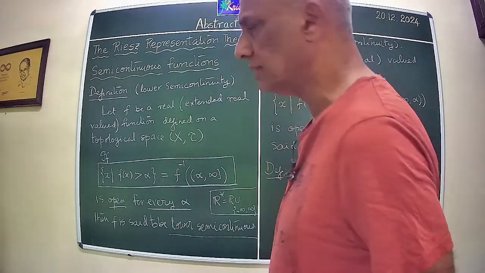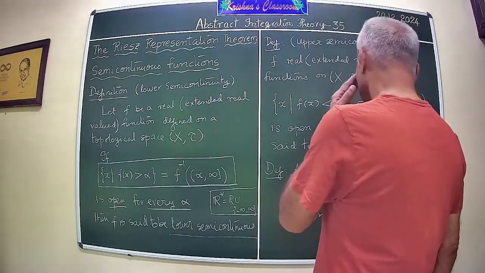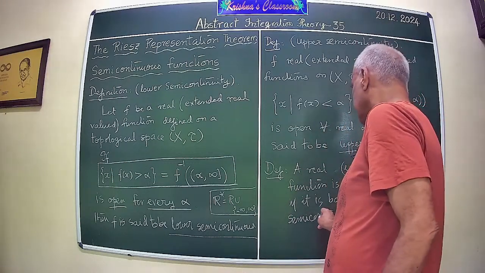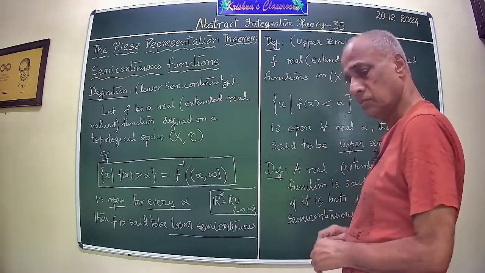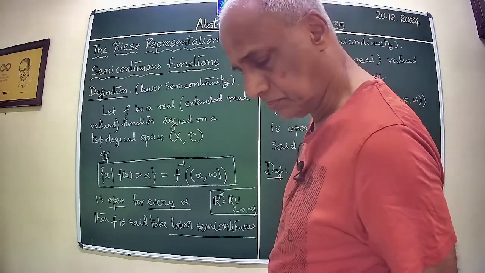So continuity is what happens when it is upper semicontinuous and lower semicontinuous. Both these properties are satisfied.